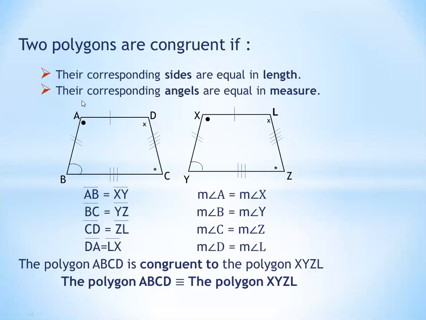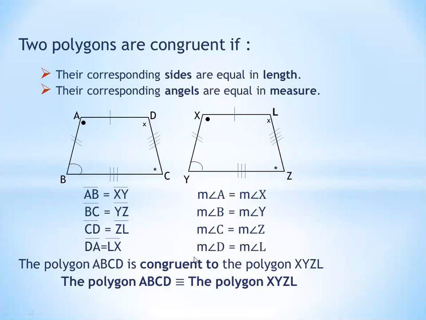What does it mean that their corresponding angles are equal in measure? Let's check the angles. Measure of angle A is equal to measure of angle X. Measure of angle B is equal to measure of angle Y. Measure of angle C is equal to measure of angle Z. Measure of angle D is equal to measure of angle L. So, when I have two polygons, their corresponding sides are equal in length and their corresponding angles are equal in measure, that means the two polygons are congruent.